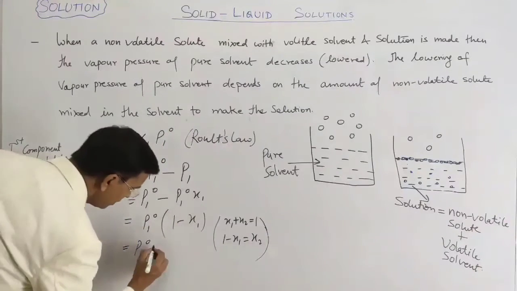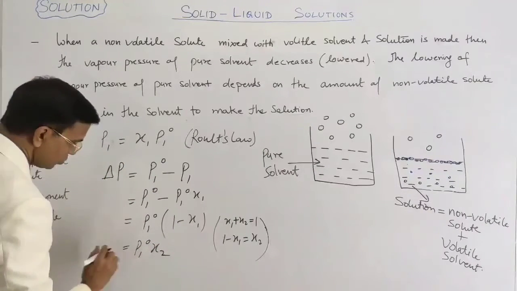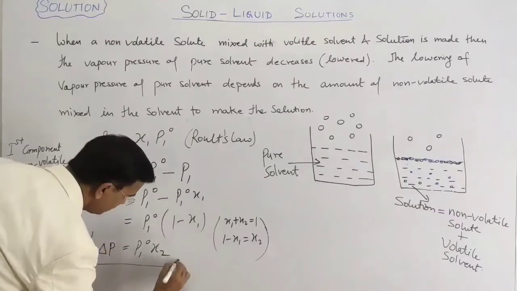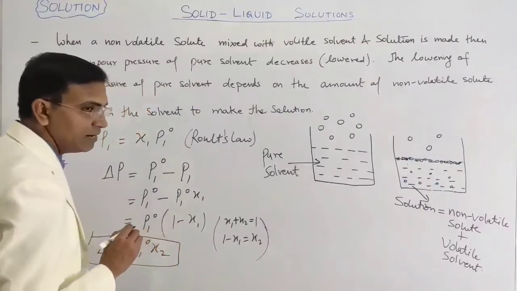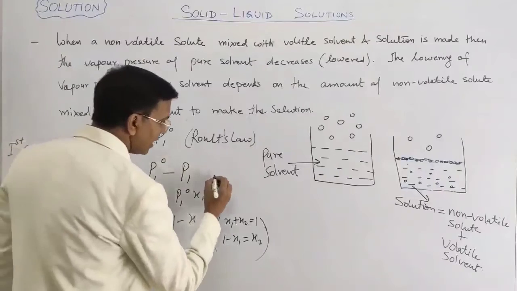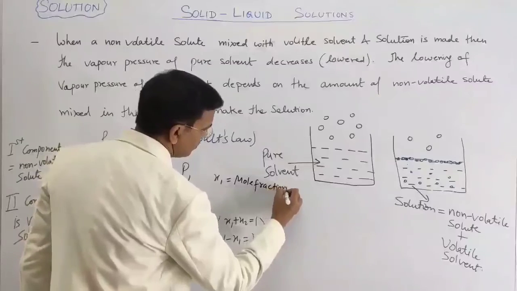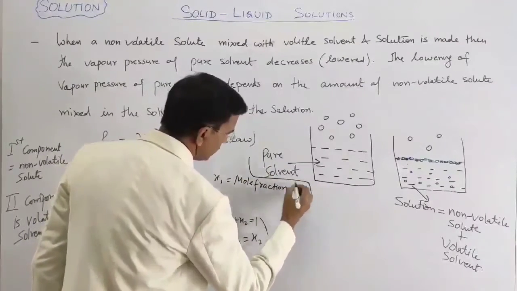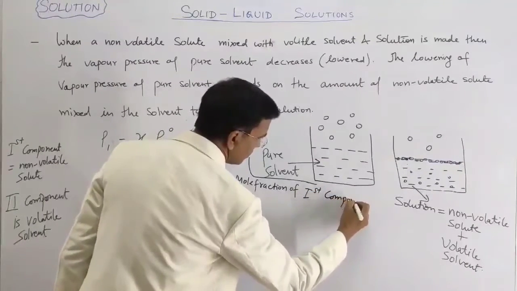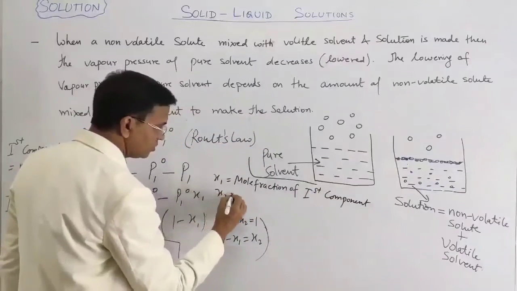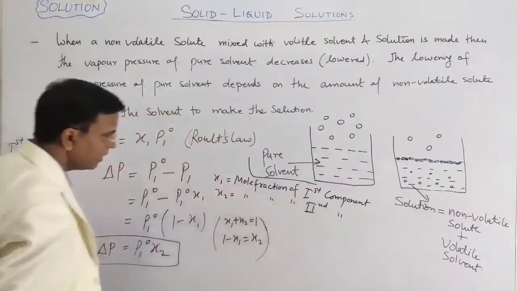So ΔP = P1° x2. Here x1 and x2 are the mole fractions of the first component and second component: x1 is the mole fraction of the first component and x2 is the mole fraction of the second component.